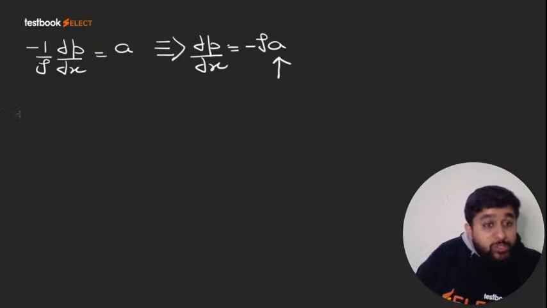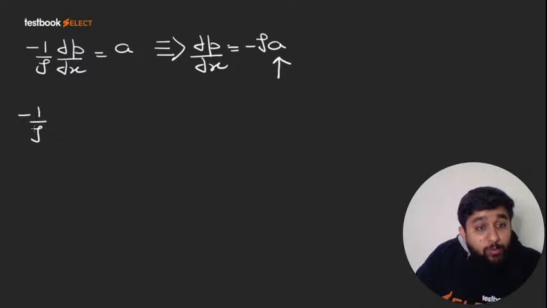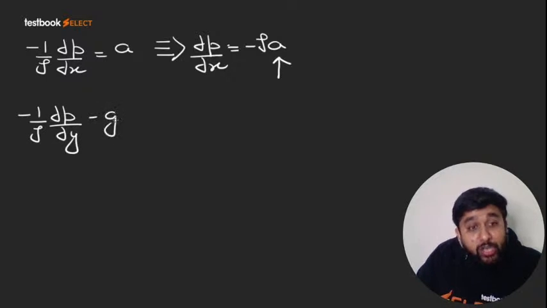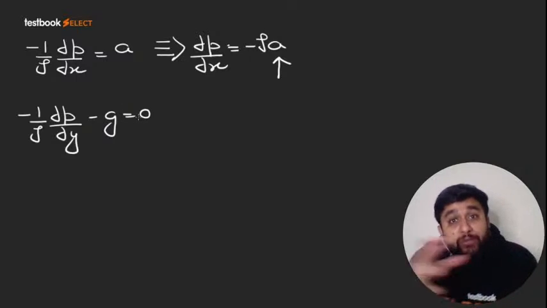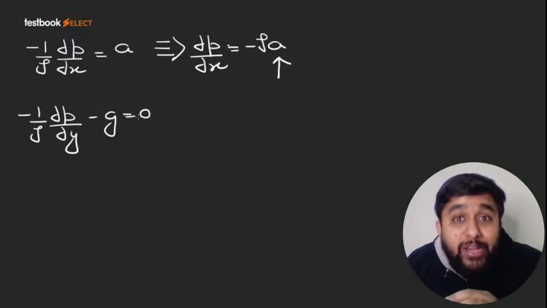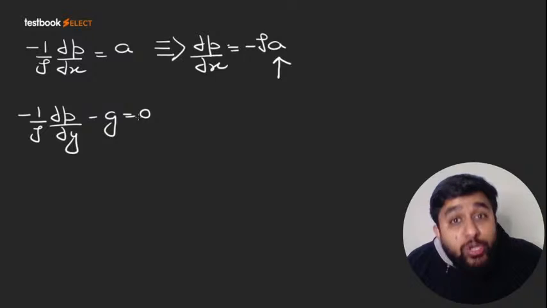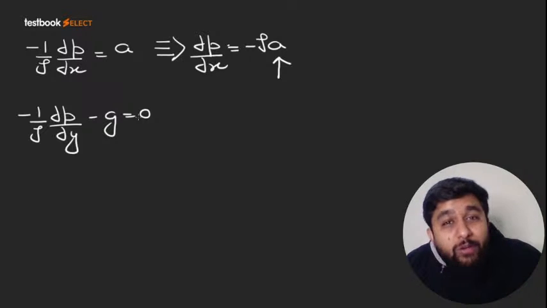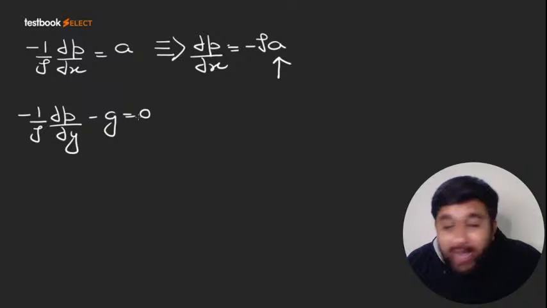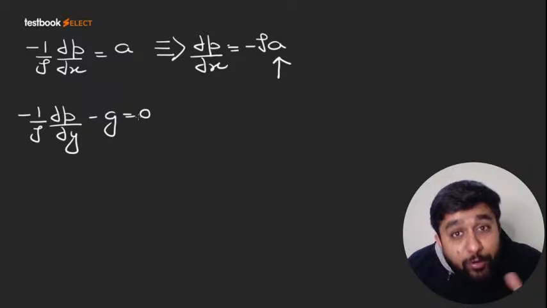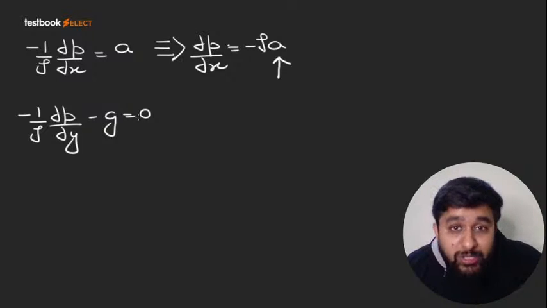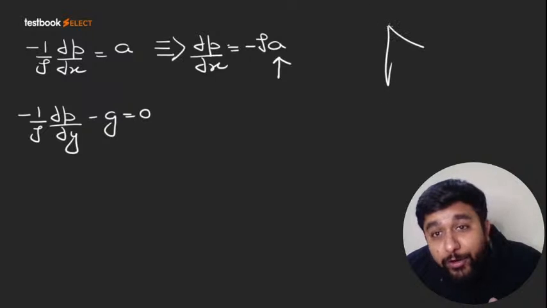Okay. Now similarly we will have minus 1 by rho del p by del y minus g equal to 0 because the container is moving along horizontal direction. So there is no motion of container along vertical direction. So there will be no motion of fluid particle along vertical direction. ऐसा ही है ना भैया, fluid mass की जो final shape है वो constant है. Fluid mass की final shape constant है, and fluid mass is moving along with the container.